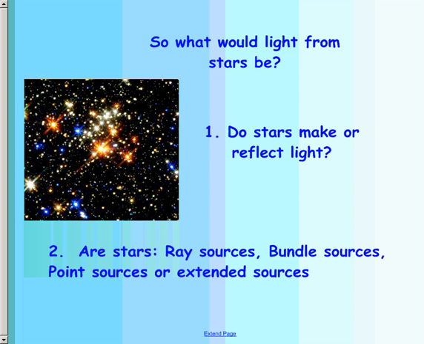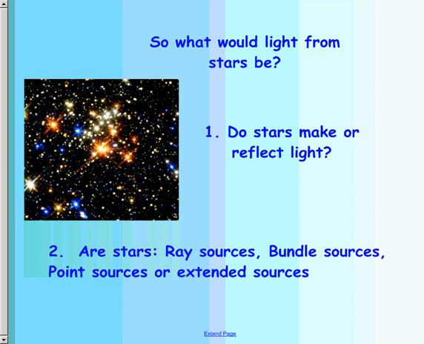Let's throw out the easy ones. They're huge objects, but they're so far away, we probably wouldn't think of them as an extended source. So they're either a point source, which is good because it's going in all directions, but for us, they could even be bundle or ray sources because they're so far away, we don't really care that light's going in any other direction.